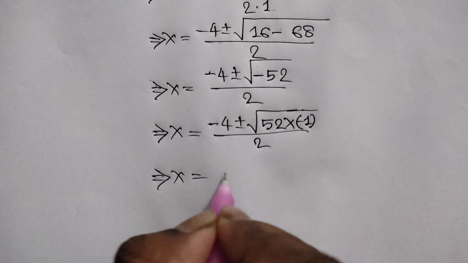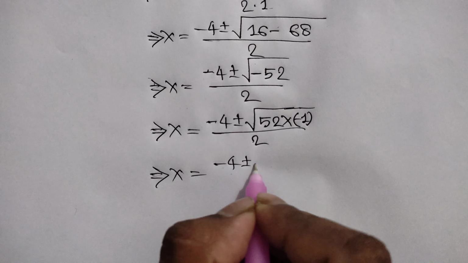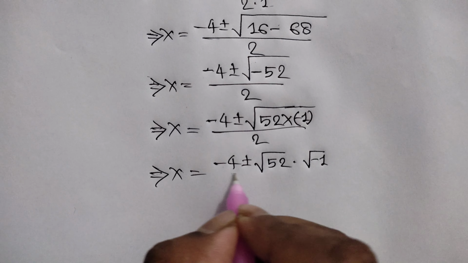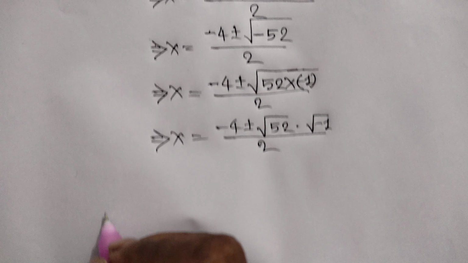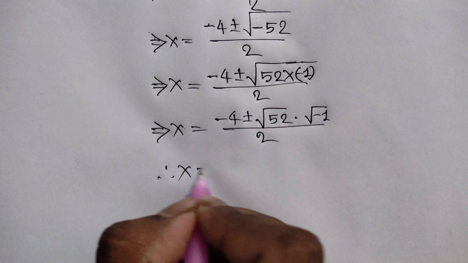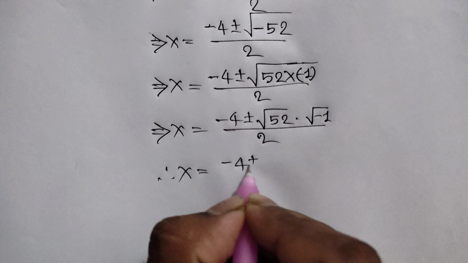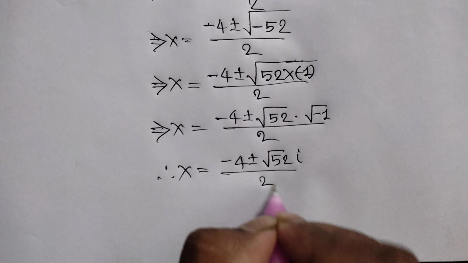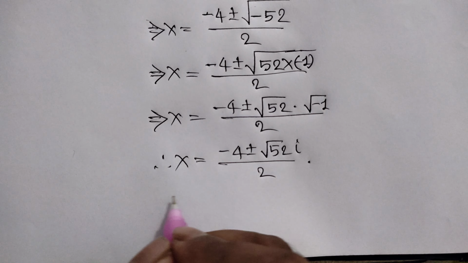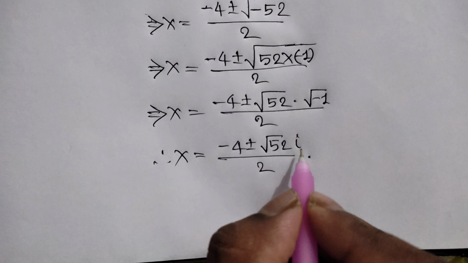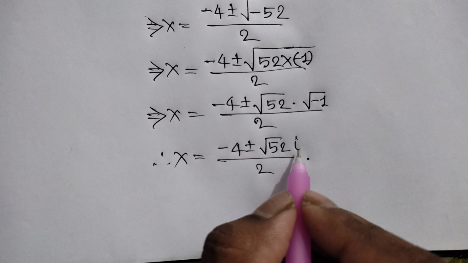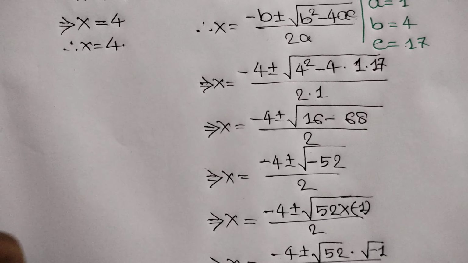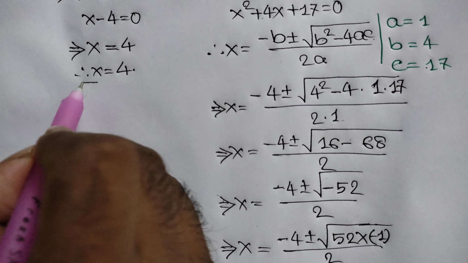So we get x is equal to minus 4 plus or minus the square root of 52 times i over 2. But this is rejected because it is an imaginary value. So our final answer is x is equal to 4.